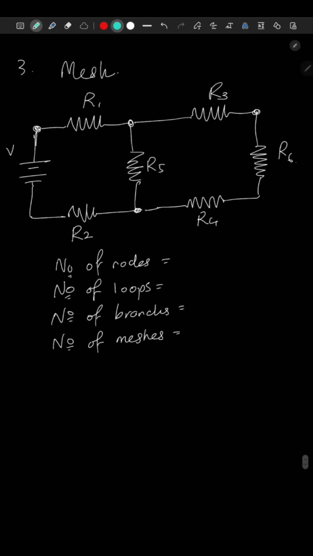We have 1, 2, 3, 4, 5, and 6 nodes. So these are the nodes in the circuit.